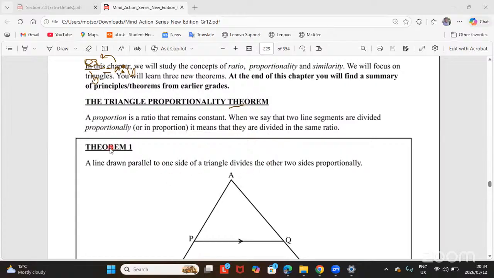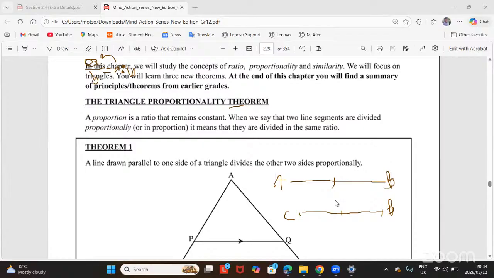For example, let's say we have 2 lines here. This line of ours is AB, and then we've got another line CD. And then I cut this line again here. I say to you, I divided these 2 lines in proportion.